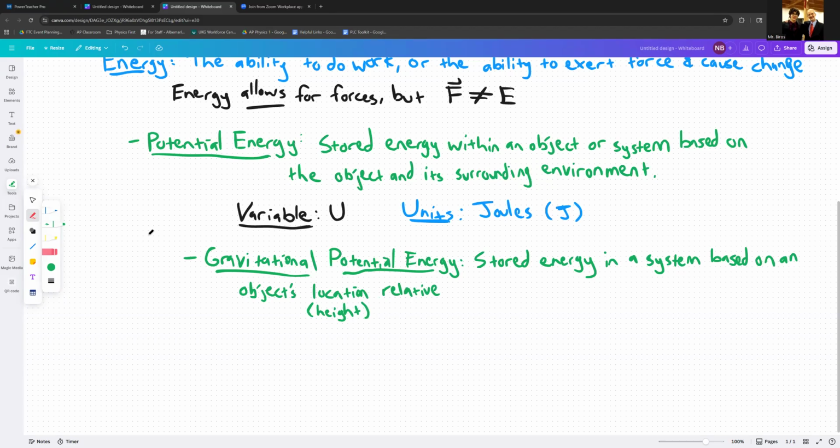But for the vast majority of problems, it is just how high is this object relative to a chosen horizontal zero line.